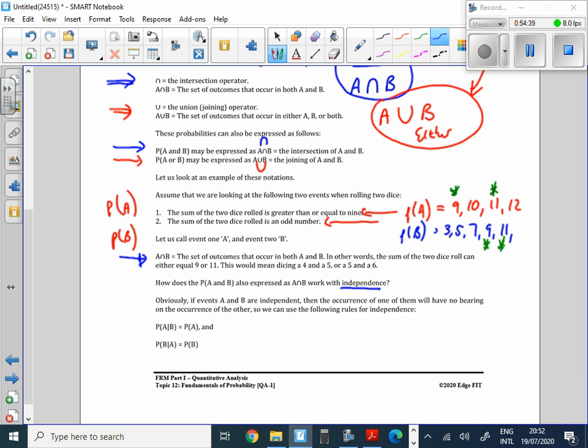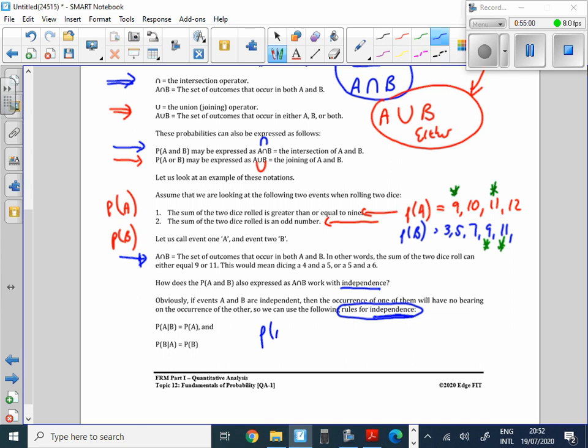So let's move on. We can use the following rules for independence. The probability of A given B is the probability of A, and the probability of B given A is equal to the probability of B. And why is that? Because they are independent of each other.